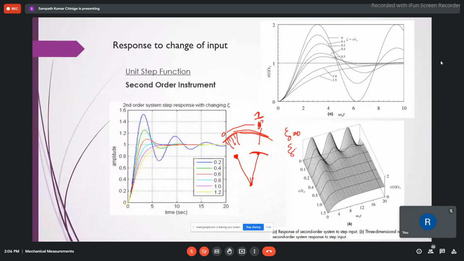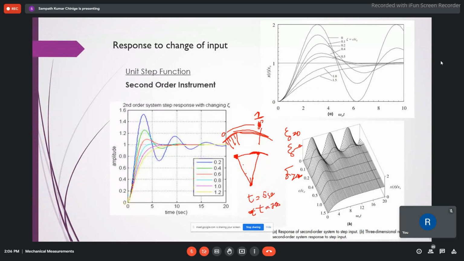Zeta equivalent to 1 takes some time, say 5 seconds, but slowly from 0 it comes and reaches the steady state. But when the zeta value is greater than 1, it takes more time, say 7 seconds.